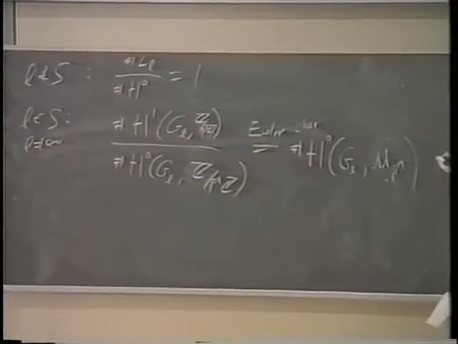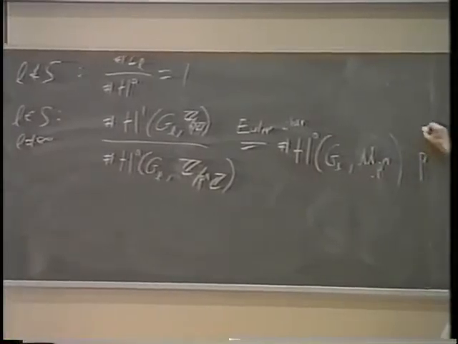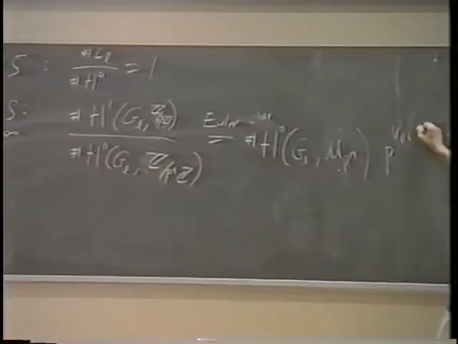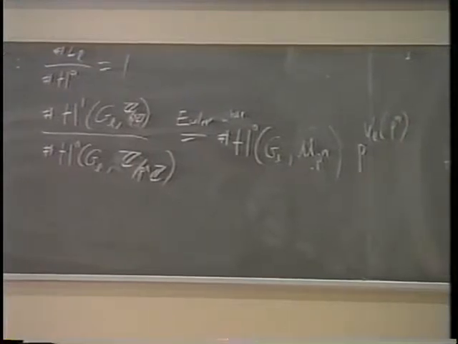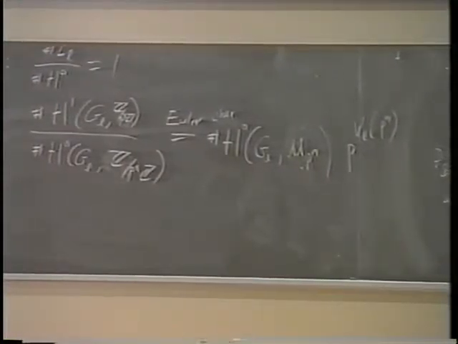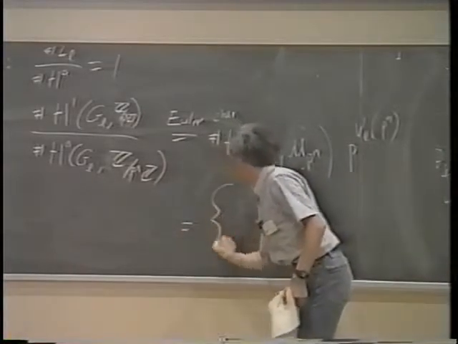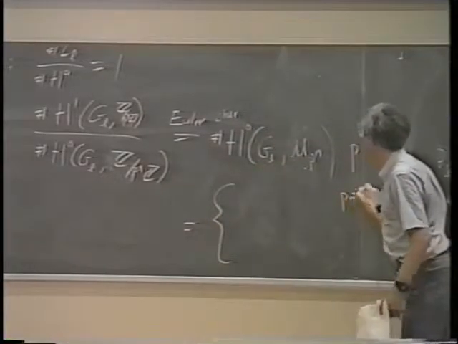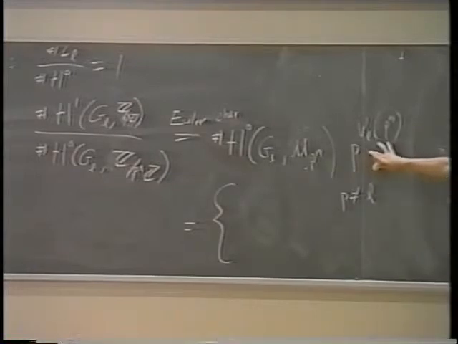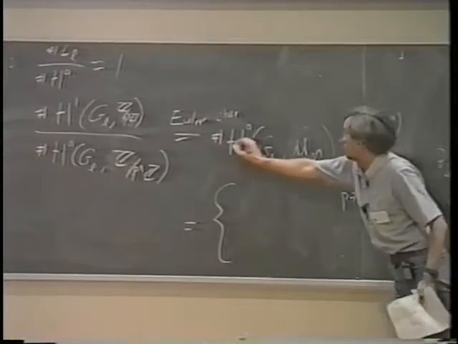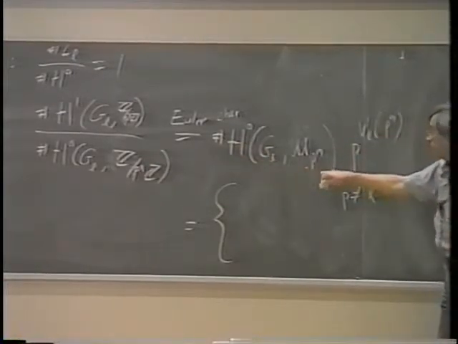We have the p to the L-adic valuation of p to the n, the order of the group. Okay, well, if p is not equal to L, what happens? Well, it's just 1. And what's H0? Remember, H0 is the stuff fixed.